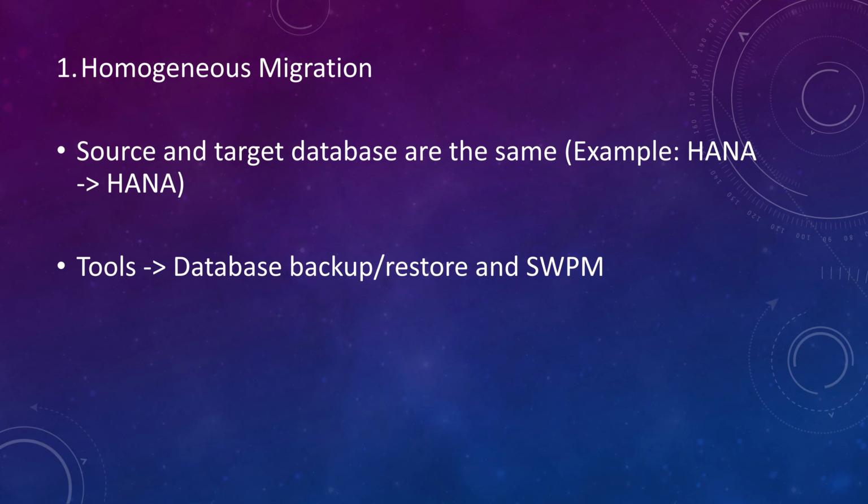The tools commonly used for homogeneous migration are database backup and restore, SWPM, which stands for Software Provisioning Manager. This method is mostly used when a company wants to move their system to new hardware or upgrade the server without changing the database platform.